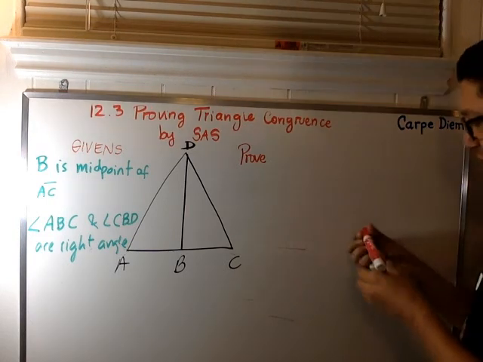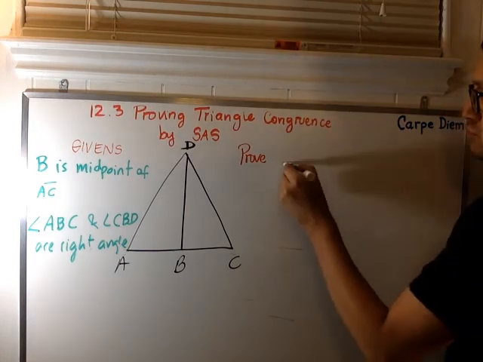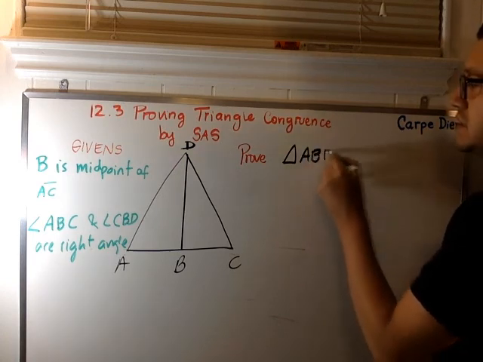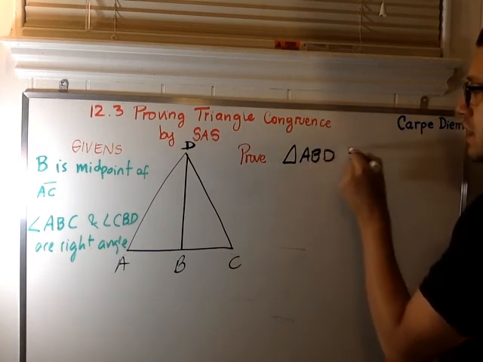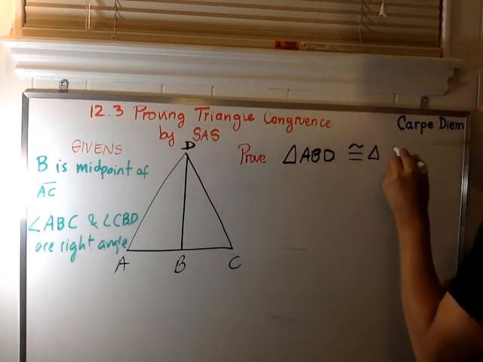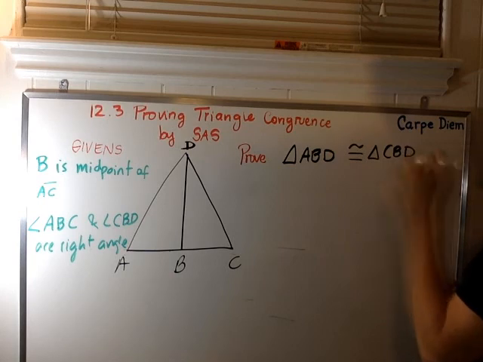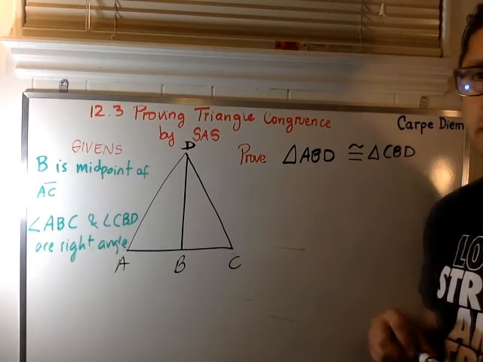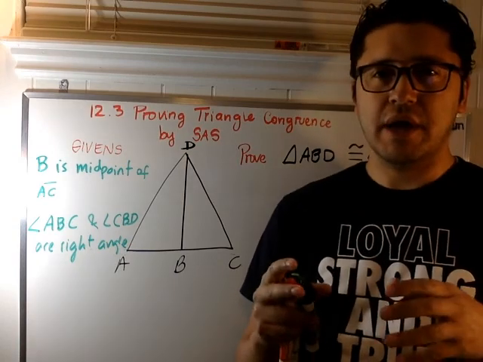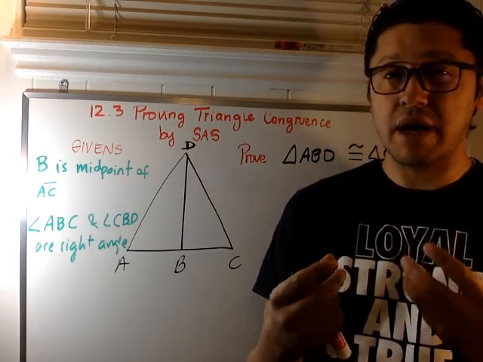that the triangles ABD and CBD are congruent, okay? So I'm going to walk you through the process, and again, remember, I want you to understand the grasp of that.